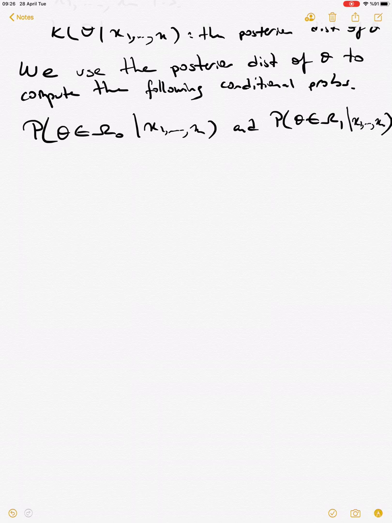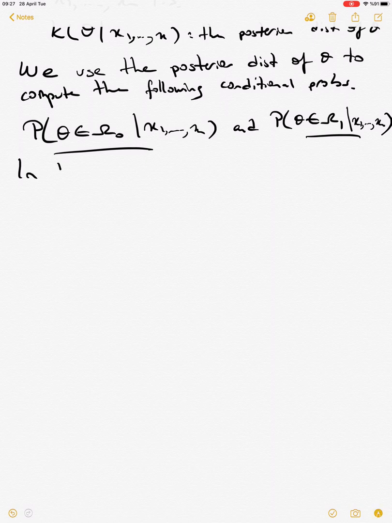And we have a very simple procedure. So if the null hypothesis is true, then the probability of this part will be higher. If the null hypothesis is not correct, then the probability of this part will be higher. So it's very simple. We just have to check which probability is higher than the other. Okay.